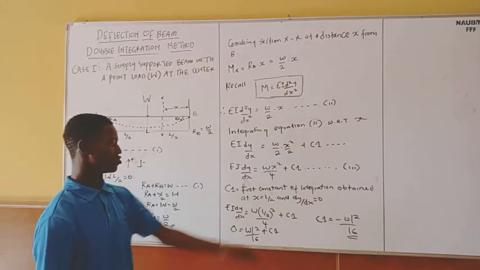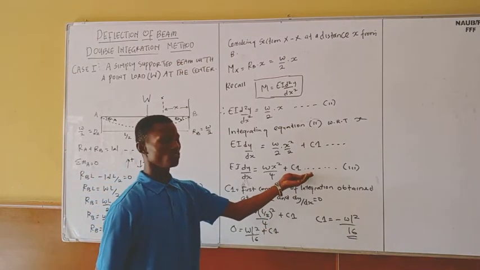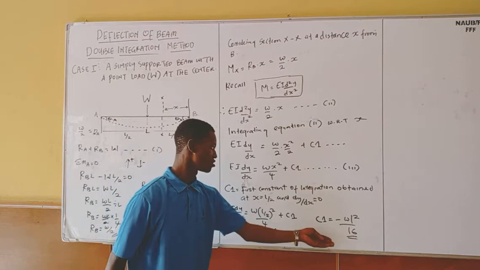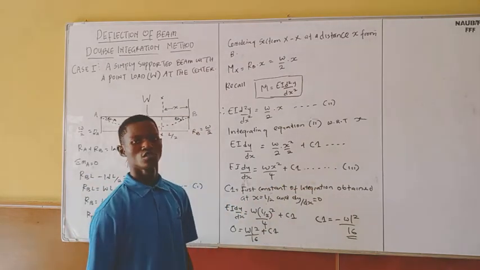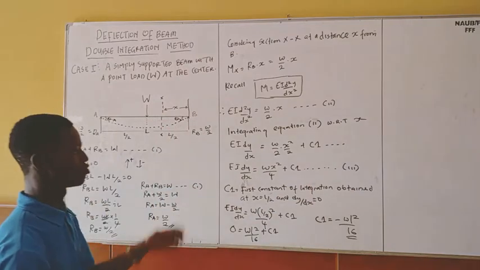So this is the value of my C1. The next thing for me to do is to substitute the value of my C1 into this equation 3. You understand? When I substitute the value of my C1 into this equation, I'm going to have the equation for slope at any section of this beam. So that's what I'm going to do next.